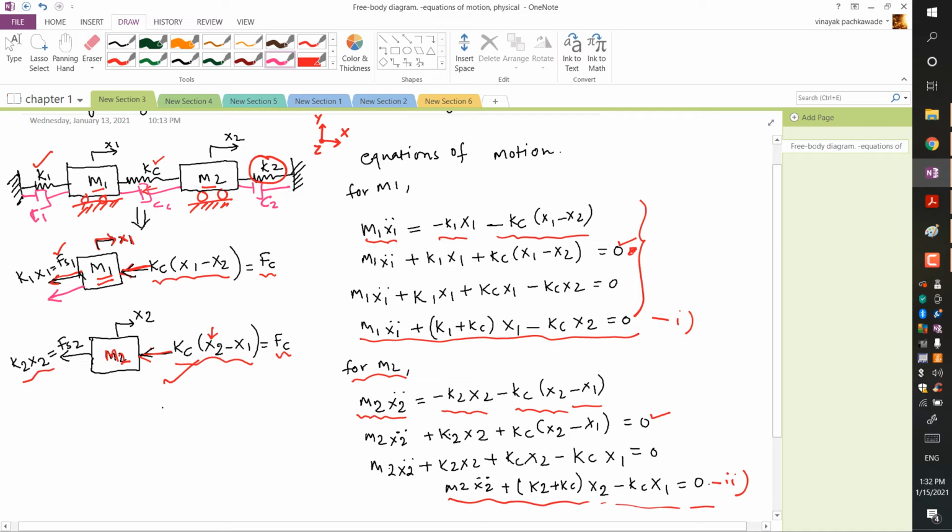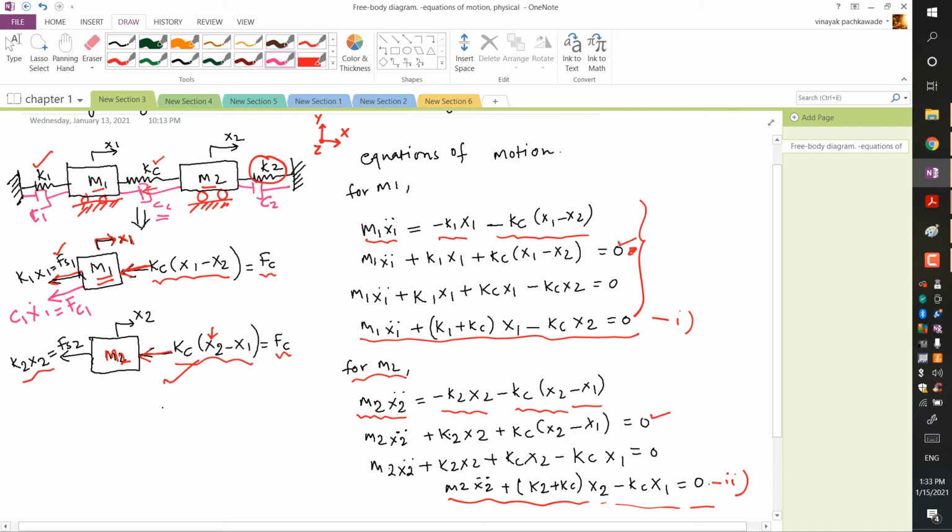So how do we model them? The force due to the first damper on body m1 will also oppose the movement of object m1. So it can be written as c1 times velocity, and let us call it Fc1. Then cc acts in a similar manner to the way kc acted.